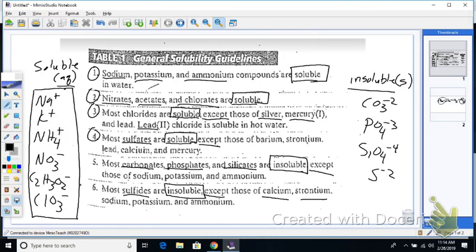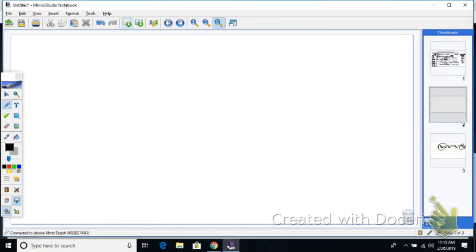Okay? That's why you have to have your polyatomic ion sheet out. If you don't know what sulfate is, you can look it up. If you don't know what silicate is, you can look it up. Same with carbonate. So I'm going to give you 8 combinations. Just put this on a scratch sheet of paper, and you're going to tell me, with those 8 combinations, if it's... Are we turning it in?